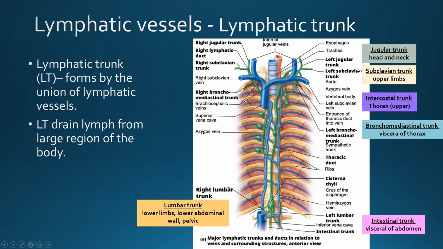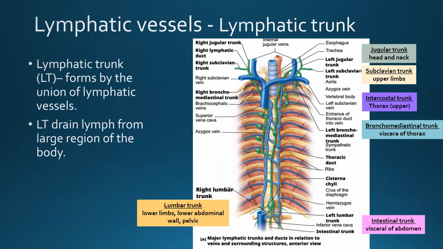For instance, the jugular trunk drains lymphatic fluid from the head and neck, while the subclavian trunk drains the upper limbs, the intercostal trunk the upper part of the thorax, and the bronchomediastinal trunk the viscera of the thorax. Viscera means organs, the lungs and all the structures surrounding them. And then the intestinal trunk, obviously from the viscera of the abdomen, and the lumbar trunk, which is from the lower limb, lower abdomen, and pelvis.